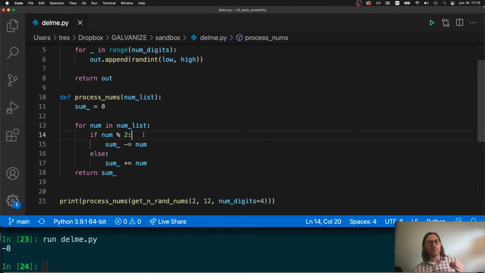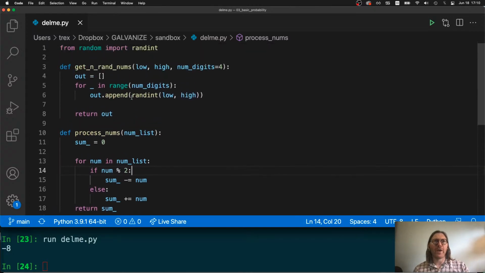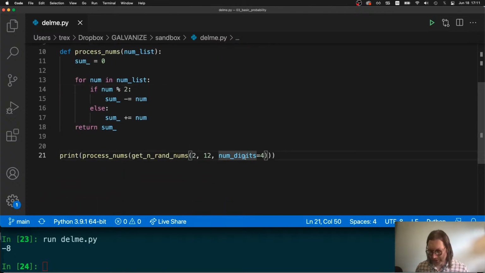So if we want to get an idea of the distribution of these numbers, an easy way to do that is through a dictionary. We've created a phenomenon, and we don't really understand it yet. Let's look at this through a dictionary and see where we get with it.